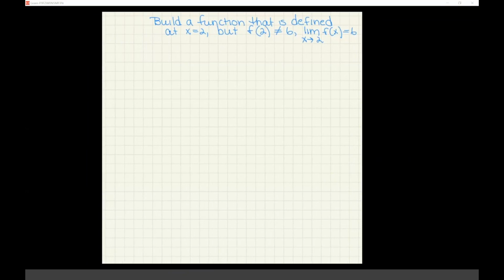Can anybody think of a way to do this? Can anybody come up with a strategy? Can you describe it?